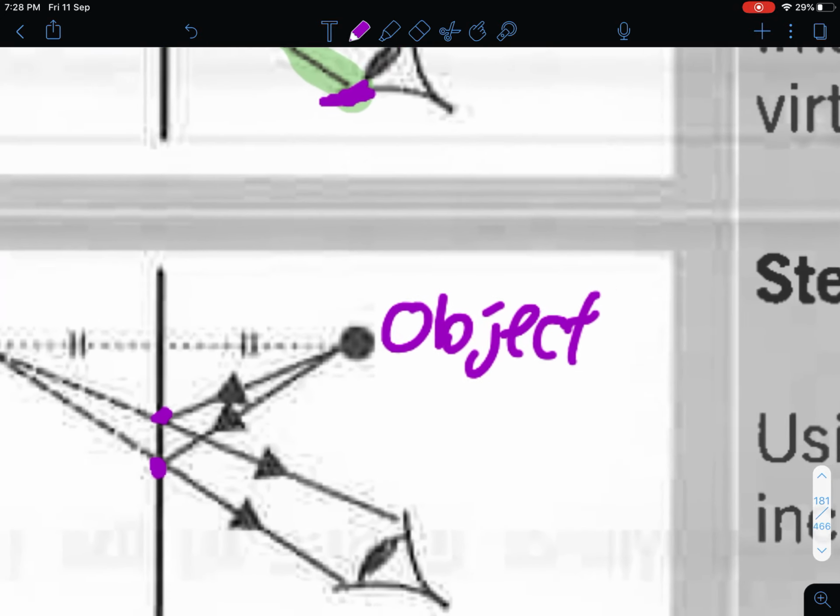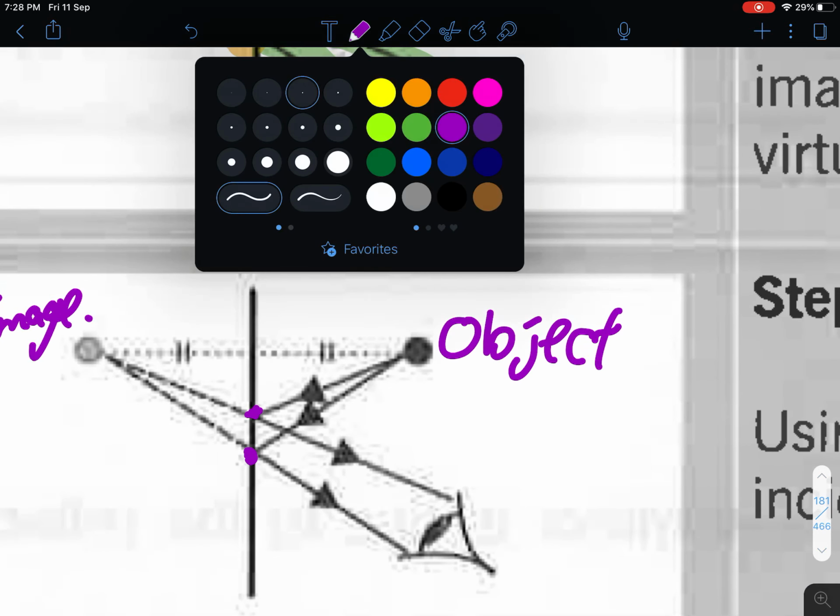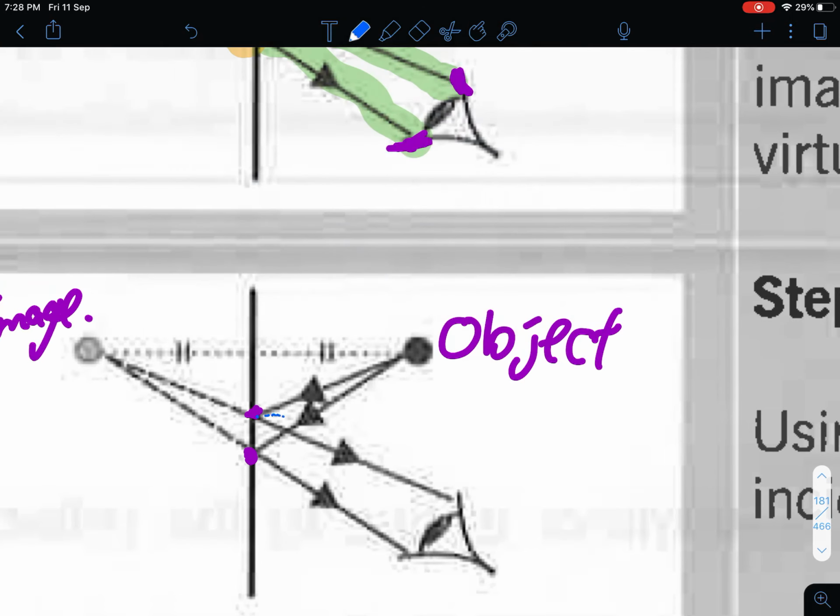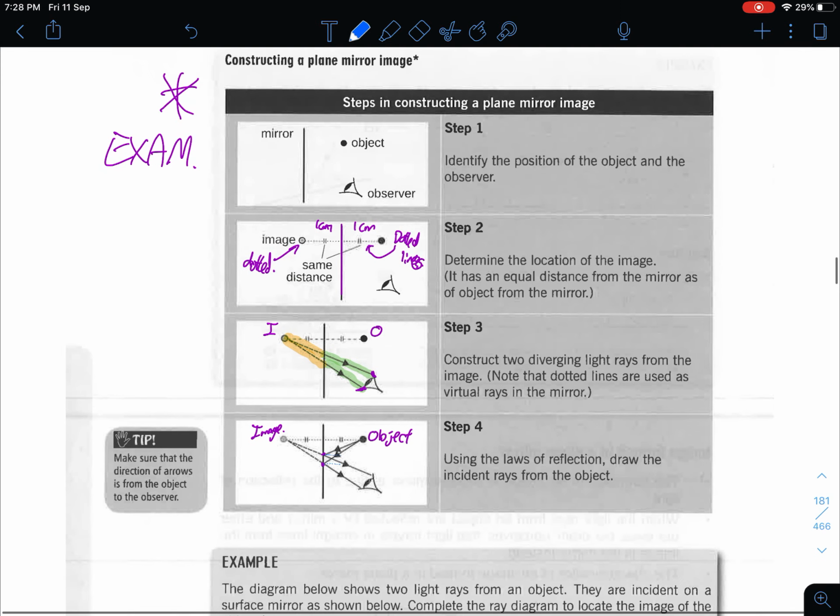Sometimes as a bonus, you may want to also include where the normal is, and through this you will have a complete diagram. So this is how you construct a plane mirror image. You can draw and practice this more often so that you'll be familiar with it. This one will confirm come out for the exam. You will need to know how to draw.